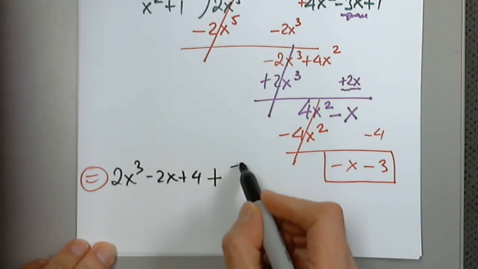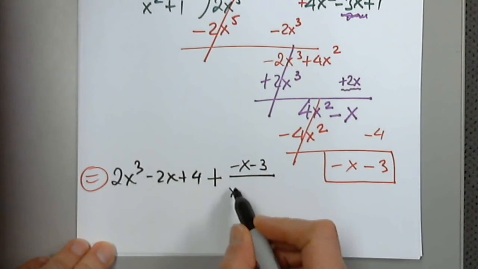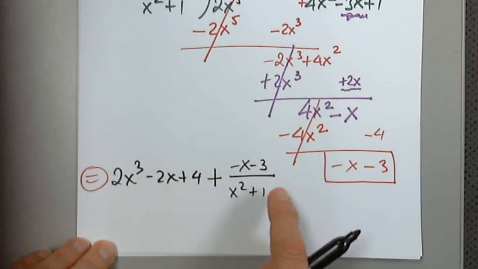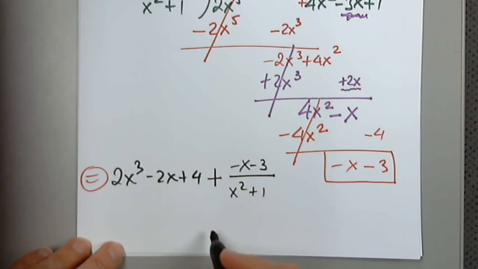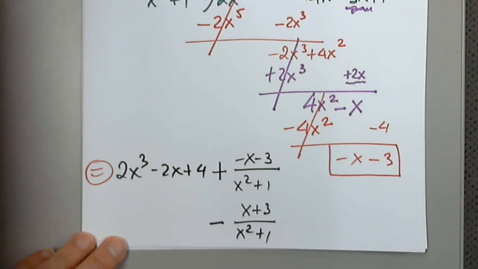Positive, the top will be negative x minus 3 over x squared plus 1. That's it. I could rewrite this part as negative x plus 3 by factoring out negative 1 over x squared plus 1, if you wish. It's better, but it's fine. I'm fine with this. Any questions?